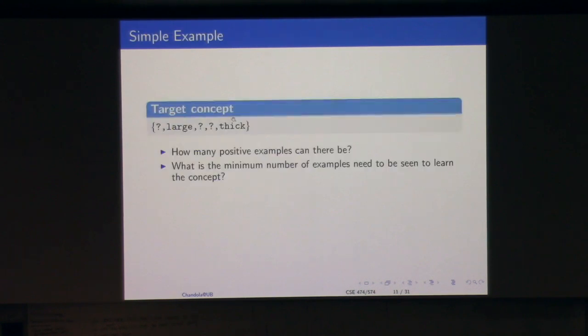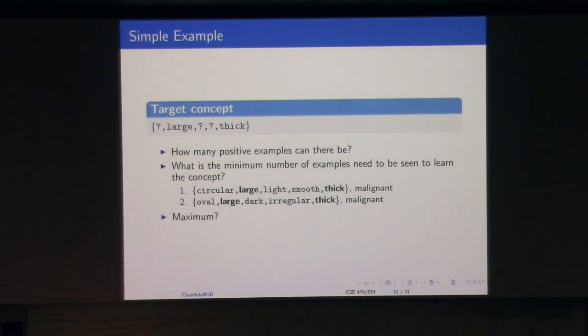When you get the first example, you just keep it as your hypothesis. And then in the second example, you will do a pairwise AND. This will get replaced by a question mark. This will stay as question mark, large, question mark, thick, and that's it. So with just two examples, you would learn the target concept.